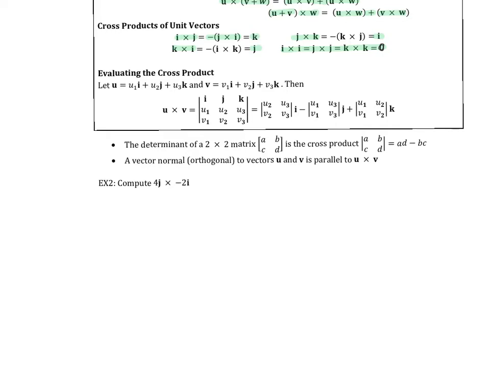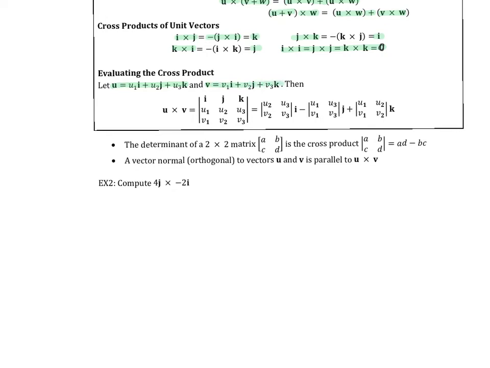Now, we talked about the magnitude of cross products. The question is, how do you compute a cross product? We normally compute cross products with vectors in three-dimensional space. So here we have our vector u written in terms of i j k, and our vector v written in terms of i j k.